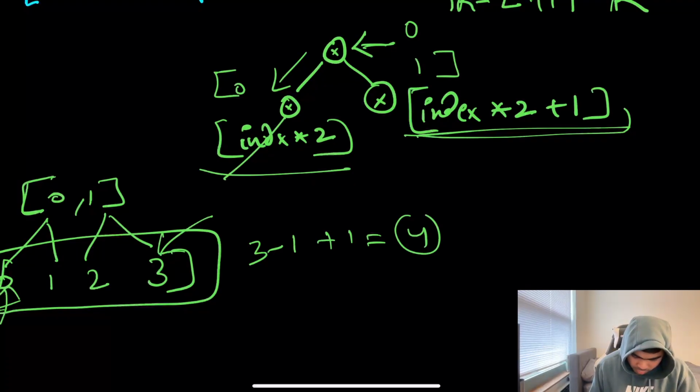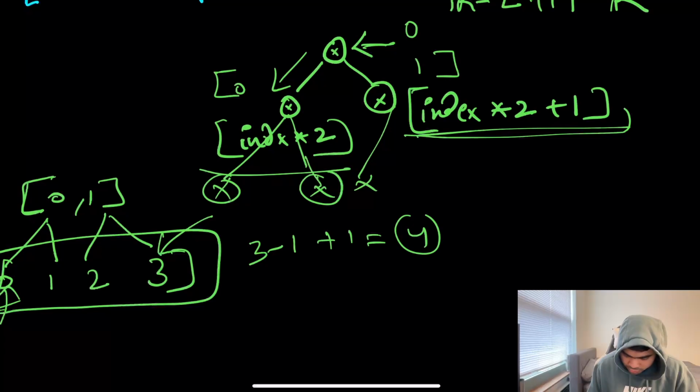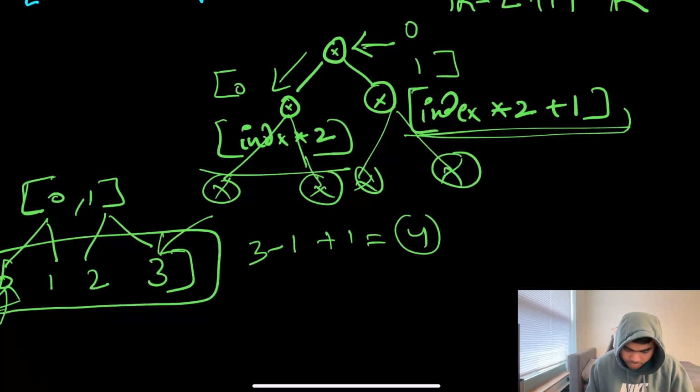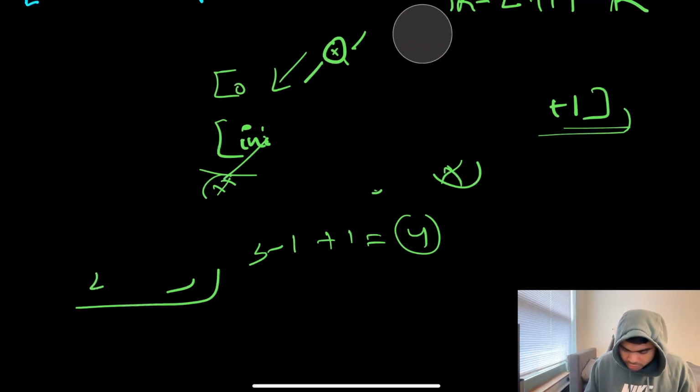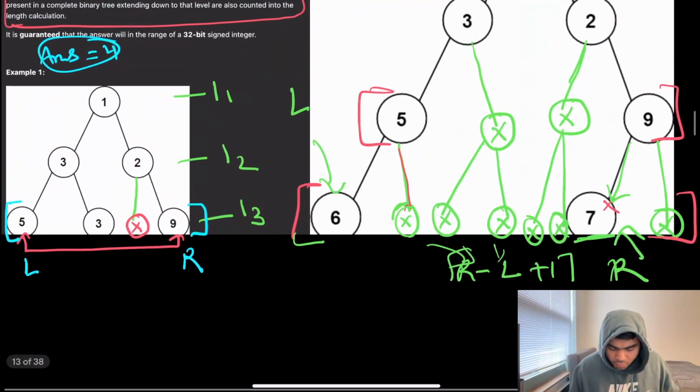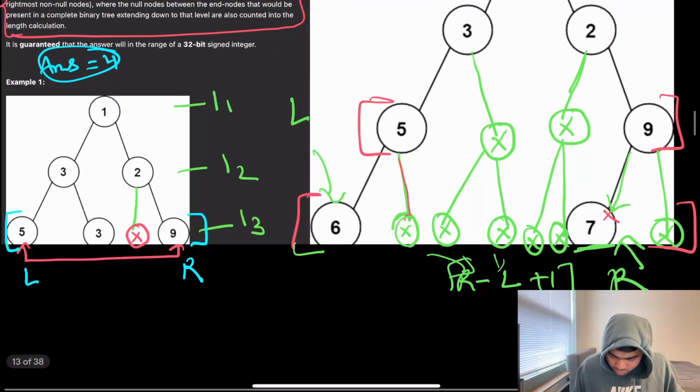So I talked about this case right here, so don't confuse yourself. I calculated it basically for this level. Now this is pretty easy to understand, that on each level, this will help us avoid processing these null nodes.